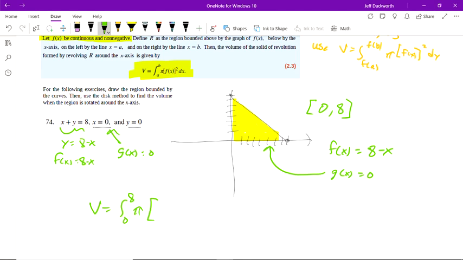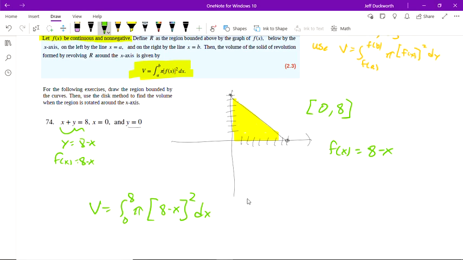I guess we don't need that on this, so let's just get rid of this. We're not looking for between two curves. We're always looking at the x-axis. So we're just looking for f of x here. And that is going to be 8 minus x quantity squared. And then we evaluate with respect to x.